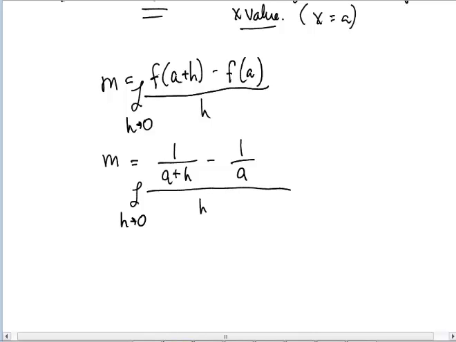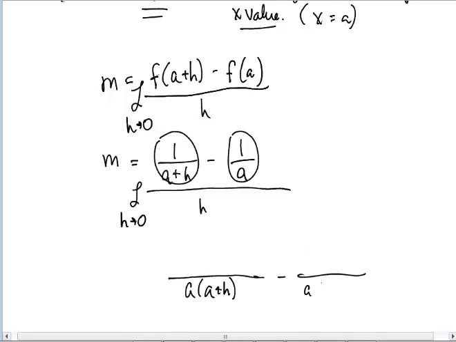Now what I've got to do is add these fractions together. So the common denominator is going to be a times a plus h. I'm going to add this fraction to this fraction, and this is all over h.